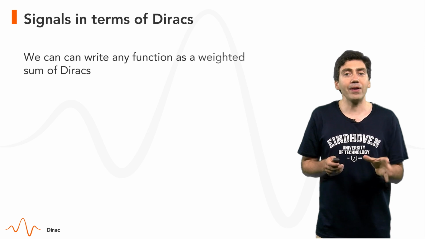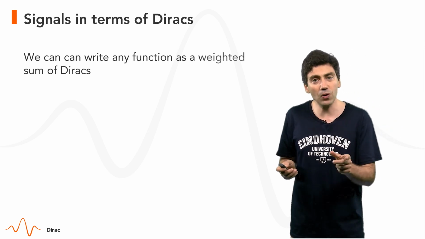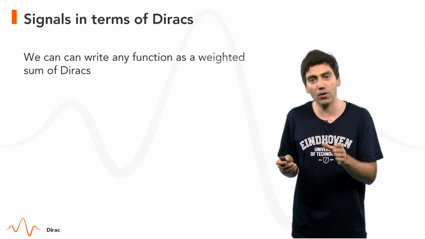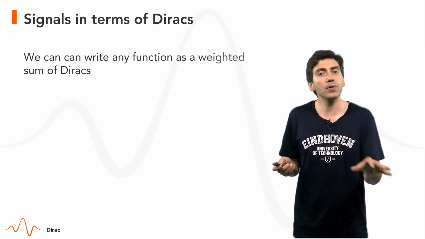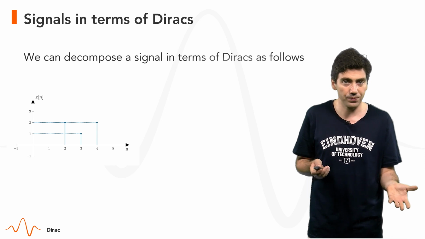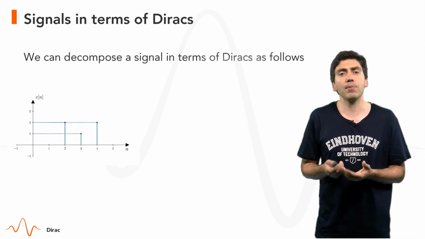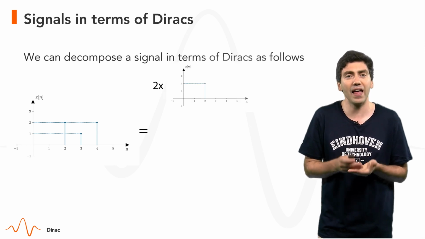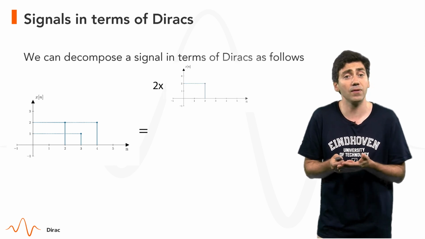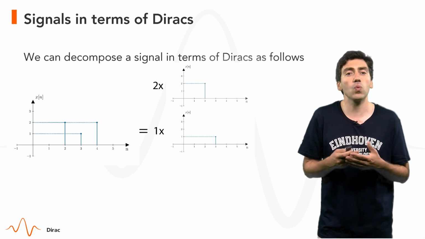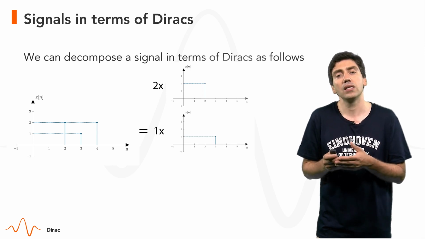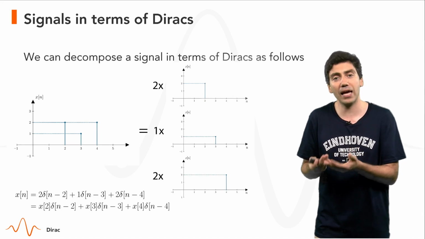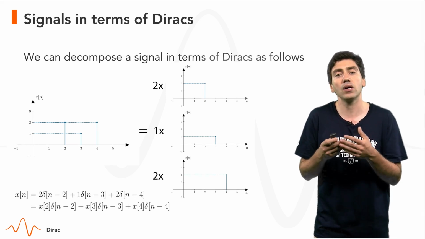Now, Diracs are very convenient, and in particular, we can write any function as a weighted sum of Diracs. In discrete time, this is very, very easy to see. Through this example, we can understand that the function that is plotted can be written as 2 times a Dirac centered at 2, so delta of n minus 2, plus 1 times delta of n minus 3, a Dirac centered at 3, plus 2 times a Dirac centered at 4, delta of n minus 4.